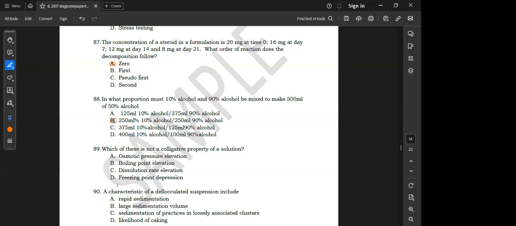You remember it's like a map: what you want to achieve, which is 50%, goes in the middle, put 90% on the top left and the 10% on the bottom left, and do your subtraction diagonally. So 50 minus 10 is 40, and 90 minus 50 is 40. The new values you're getting give us the total number of parts. So the parts are 40 and 40. So 40 over 80 times 500 should be 250.